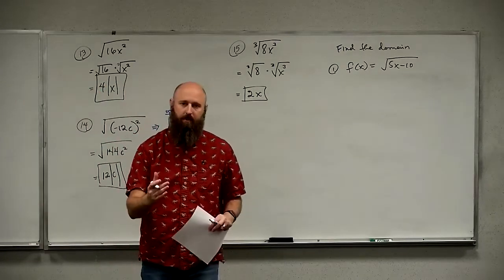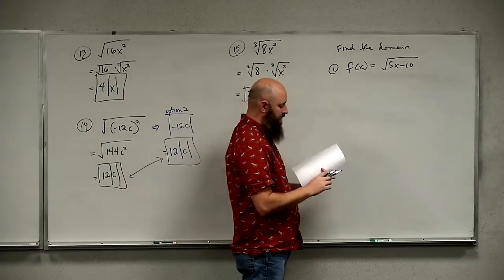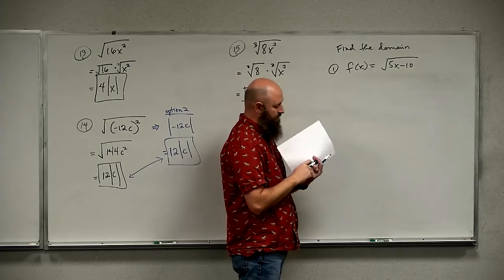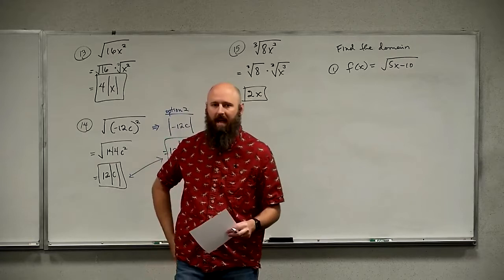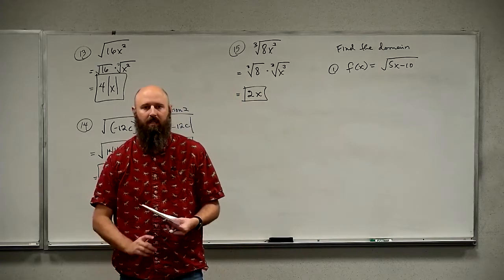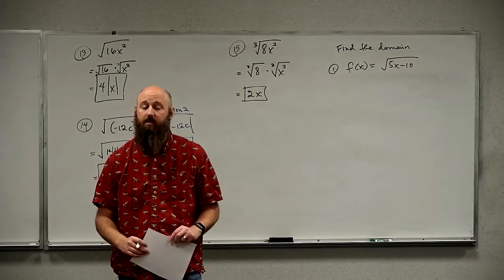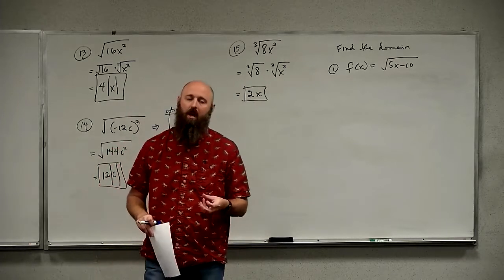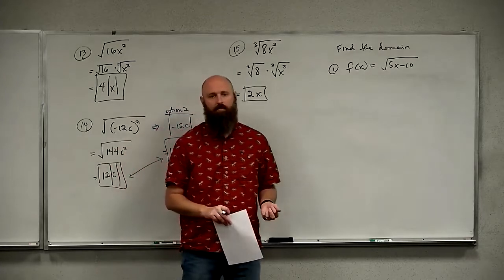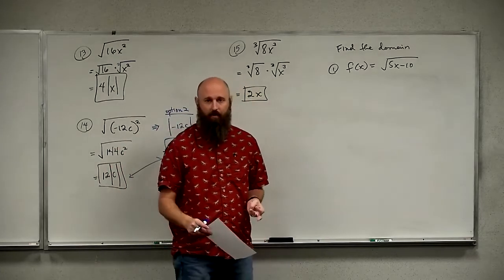When we're looking for our domain, the one thing for a square root we cannot have underneath the radical is negatives. We cannot take the square root of a negative, okay? So we need to figure out where this is negative, and we want to take that out of our domain.